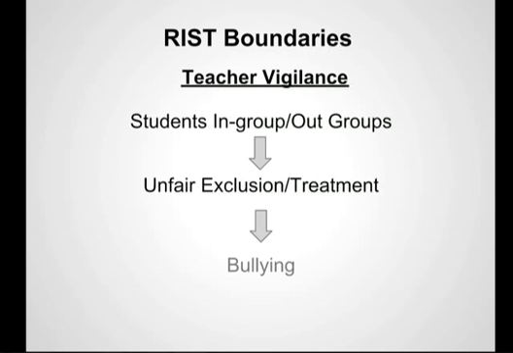Now this can lead, obviously, to the well-known bullying scenario, but it could also lead, in its worst case scenario, to fights and arguments. So it's always important to be on the lookout for those groups that are forming within our students.